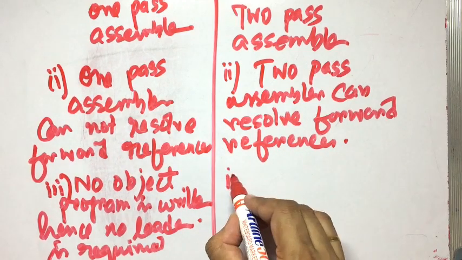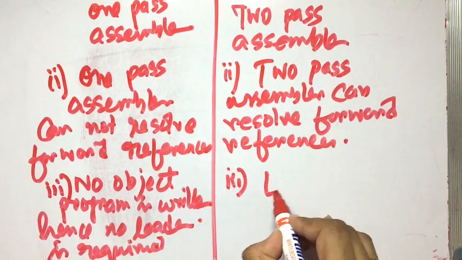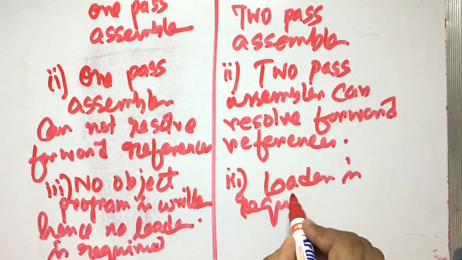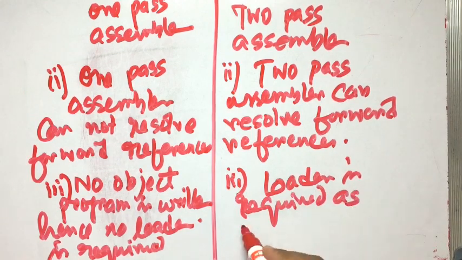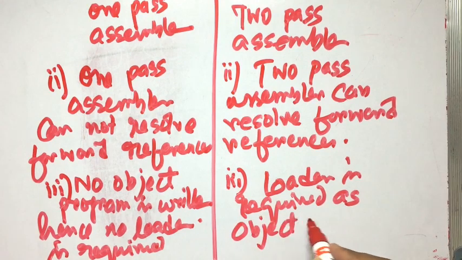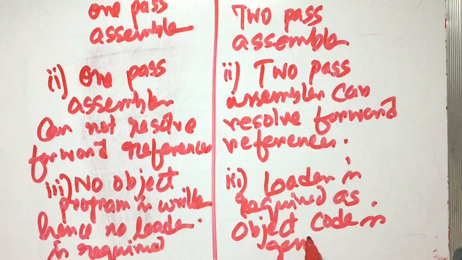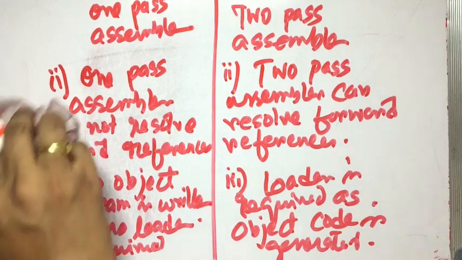In the two pass assembler, a loader is required as object codes are generated.